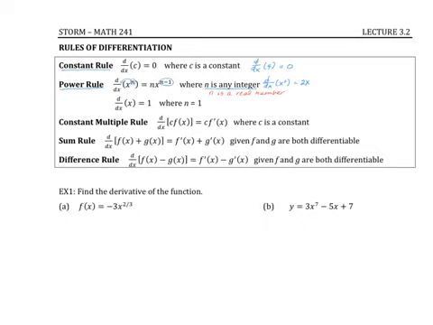So for example, if you're going to take the derivative of x to the 1/2, you could bring the 1/2 in front times x, and then minus 1 from 1/2 would give you a negative 1/2.